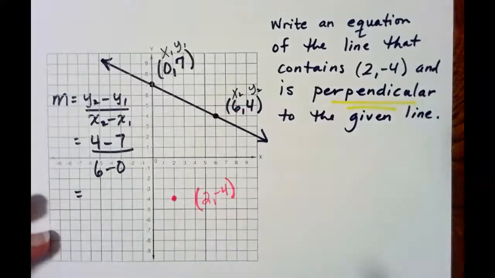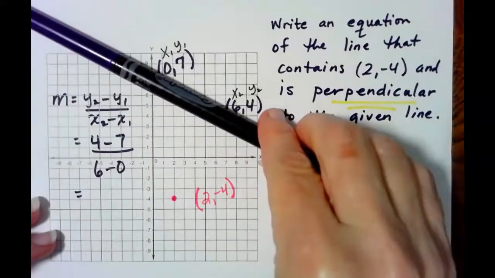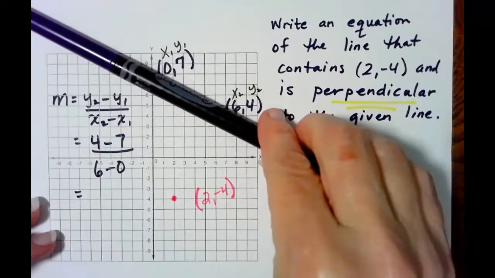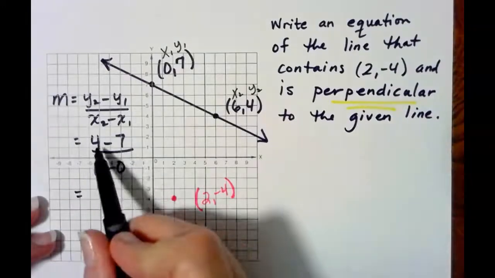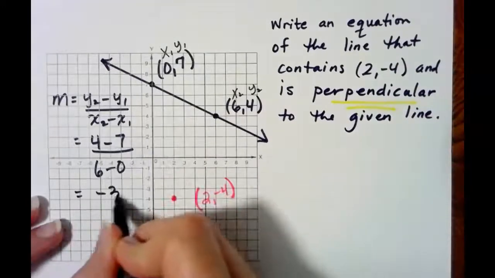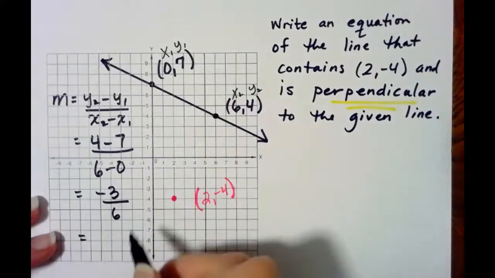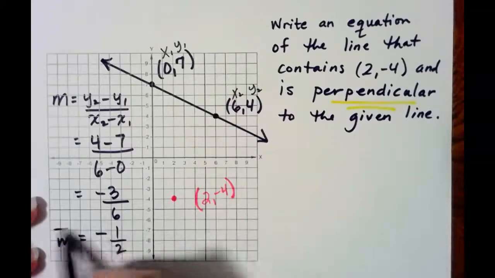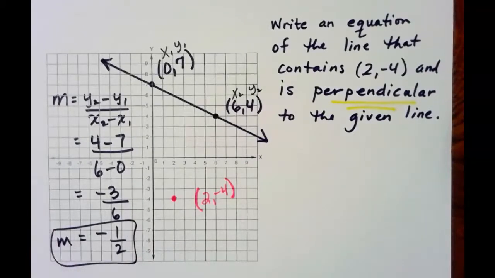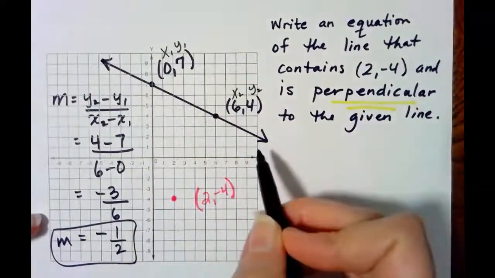So for our given line's slope, first of all, we can see that it is a falling or decreasing function. So it better be negative, and it is. 4 minus 7 is negative 3. 6 minus 0 is 6. Negative 3 over 6 reduces to negative 1/2. So our given slope is negative 1/2. But we want a line to be perpendicular to this given line.